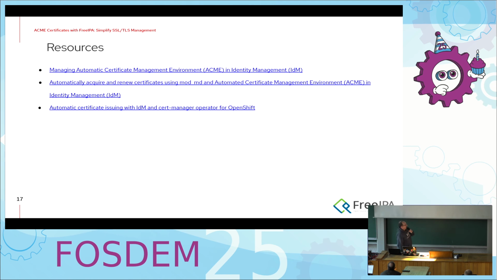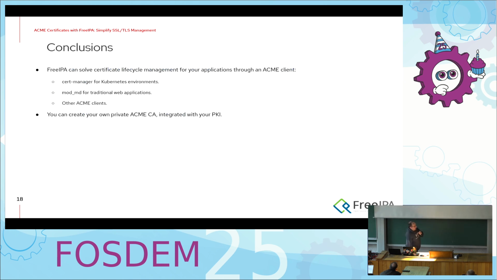So well, we have here some resources that are available in the slides in the platform in case you want to look for more information. So we have seen how using the FreeIPA ACME protocol we can easily manage the life cycle of our certificates. We don't need any, or hardly any, human interaction. We must only create the application, and all the certificates will be issued and renewed when they expire. We have seen two examples, one about a traditional web application running in Apache, and another for an application running in Kubernetes.